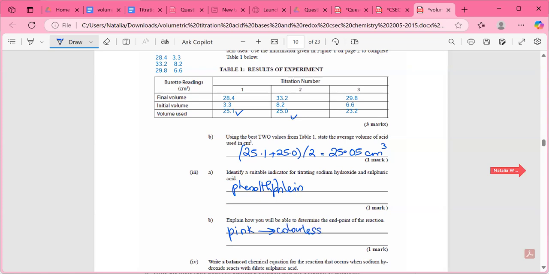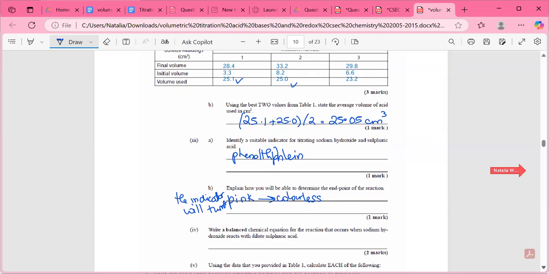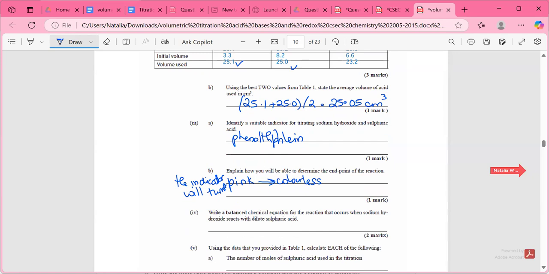So a color change from pink to colorless will determine the endpoint. Whenever it reaches colorless, then I will know that my endpoint is there.